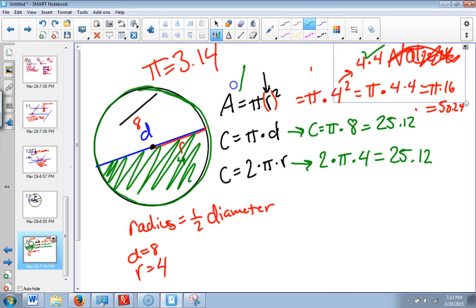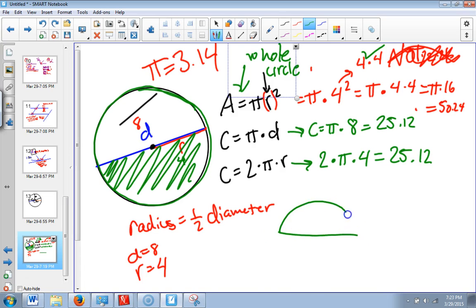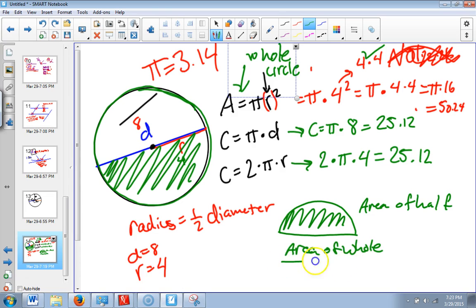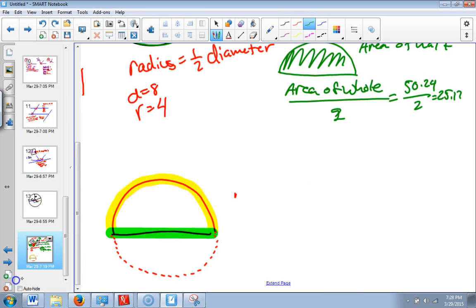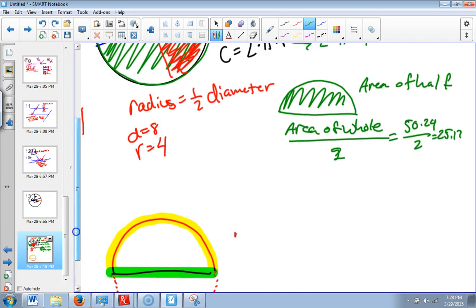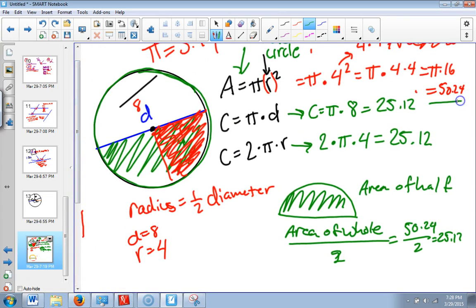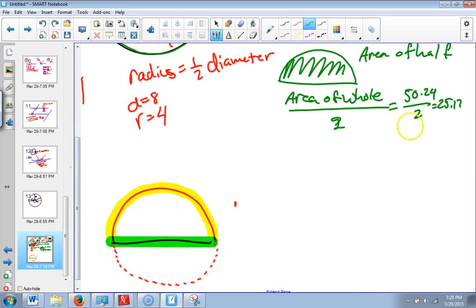If this finds the whole circle, and I only want a semicircle, the area of half the circle, then I just need to take my area of the whole circle and divide it by 2. So 50.24 was the area of my circle. In order to get half of that, I divide it by 2, and it gives me 25.12.